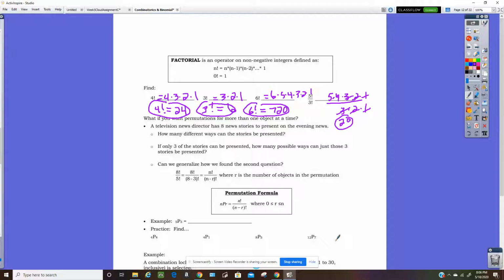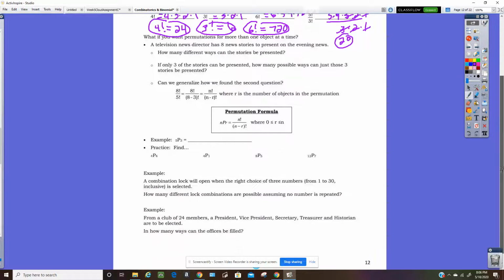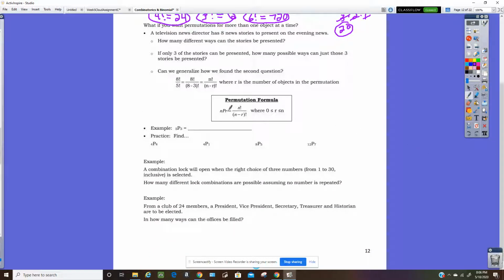So let's look here in the middle of the page. The permutation formula is: n P r is n factorial over n minus r factorial, where r is greater than or equal to 0 and less than or equal to n.